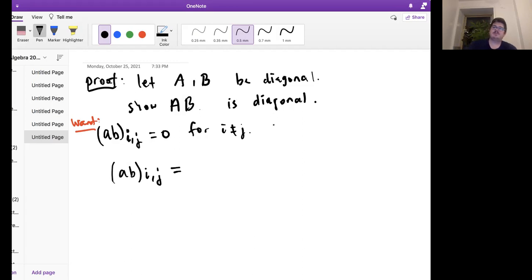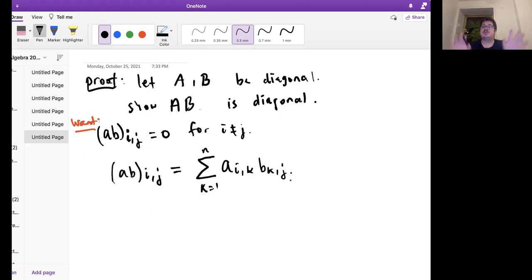So it's like a sum, right? It's the sum from k equals 1 to n of aik bkj. It's important to remember that. Does everyone remember this? Okay. So what can you say about these entries?